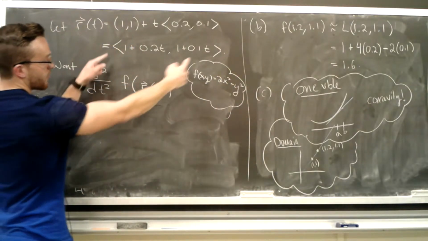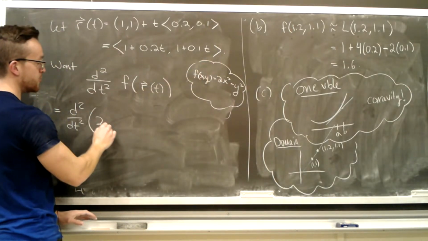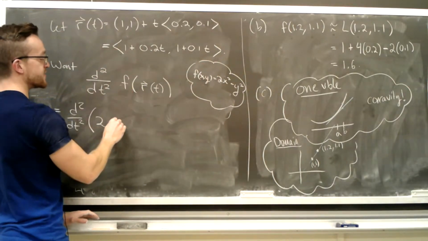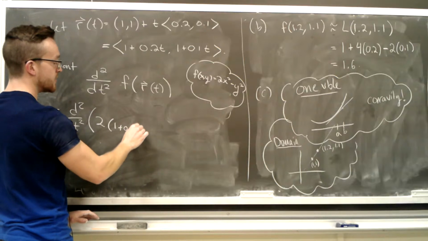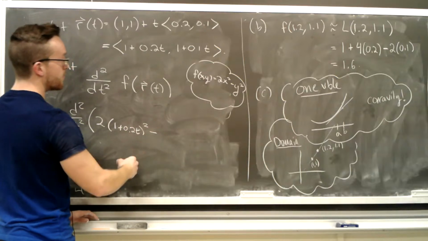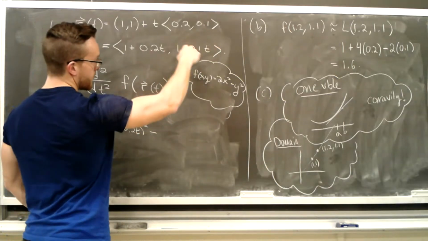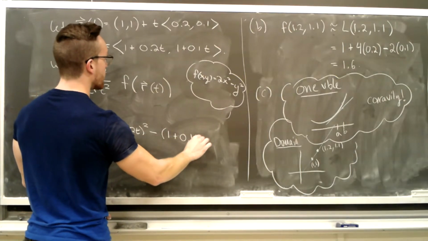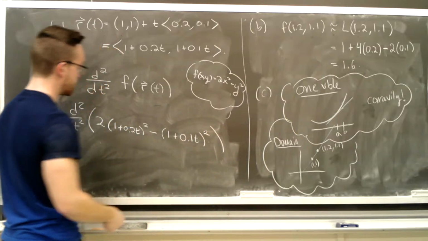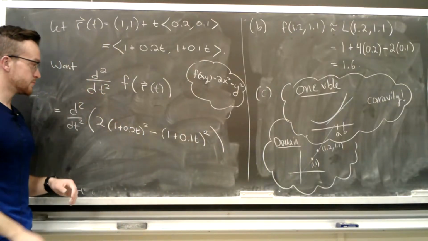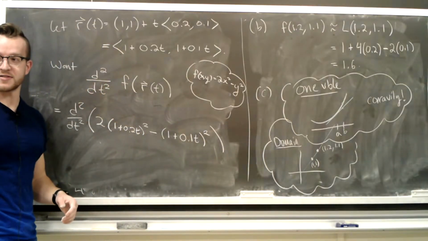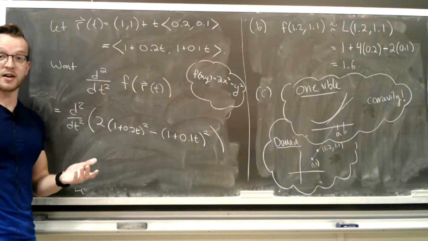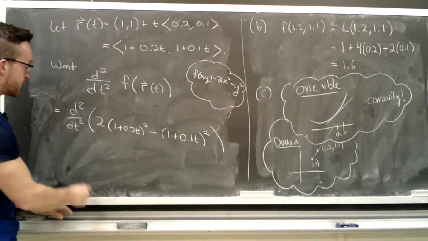So f of this would be 2 times (1 plus 0.2 t) squared, minus this quantity squared, (1 plus 0.1 t) squared. Take a second derivative of this, and that'll tell me what the concavity is in the relevant direction.